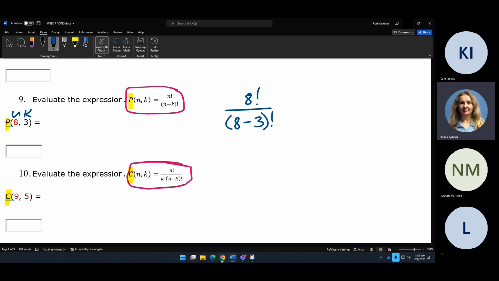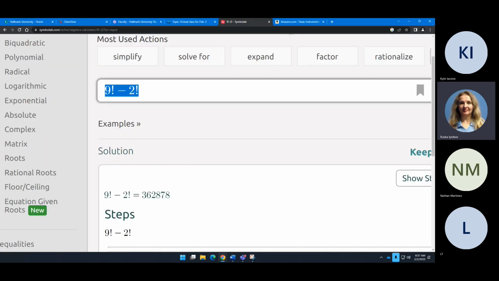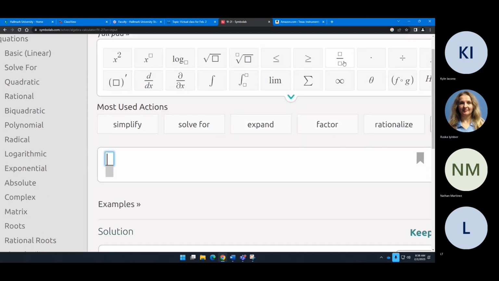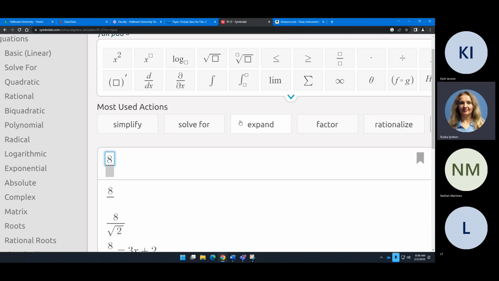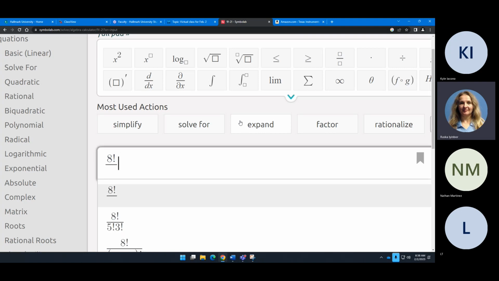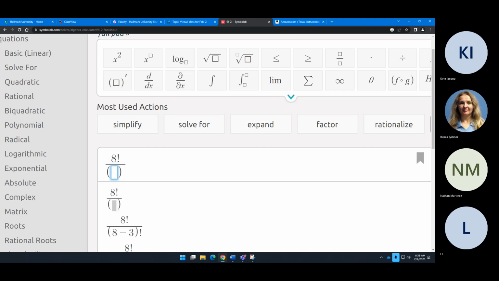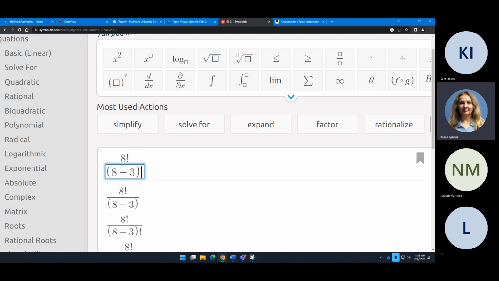And I'm going to double check with my symbol lab here. So we have fraction first. And I have 8 factorial over, parentheses, 8 minus 3. You don't need to do 8 minus 3 in your head. Just put it like that. The calculator is going to take care of it.